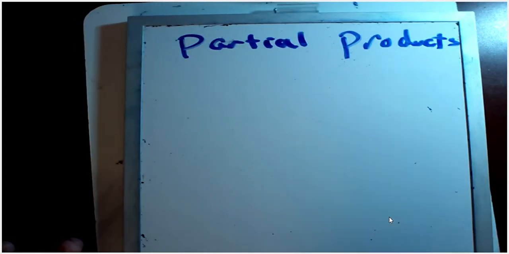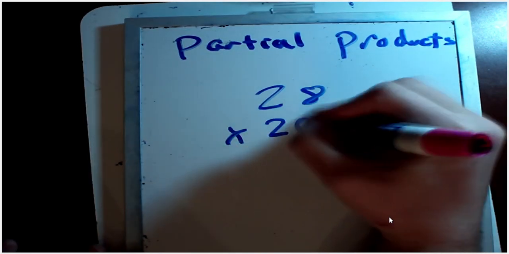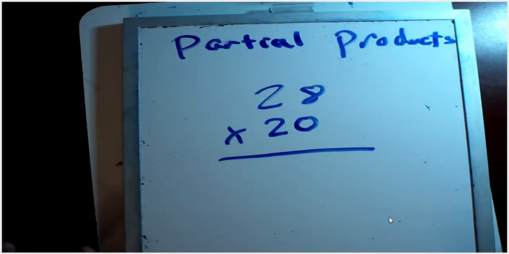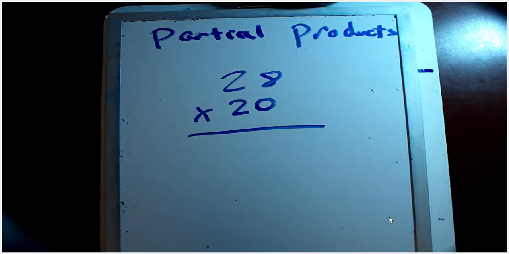So let's look at the numbers 28 times 20. And what you do with partial products is you want to make sure you write down all of those partial products first and then solve.